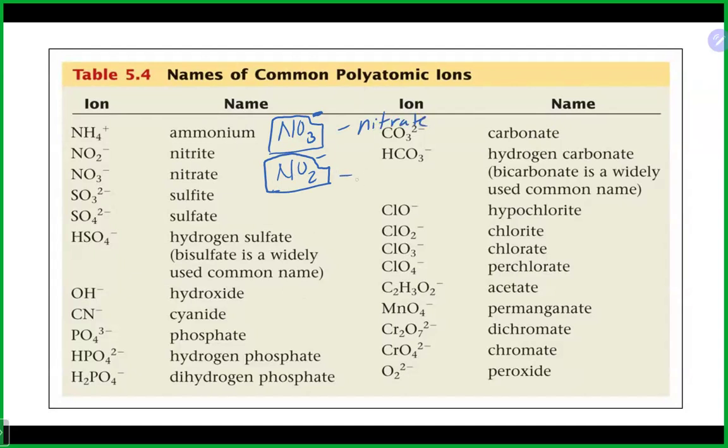The NO2 minus is what is known as the nitrite ion, ITE. If you take a look at SO4 2 minus, that is sulfate. And if you take a look at SO3 2 minus, that is sulfite.